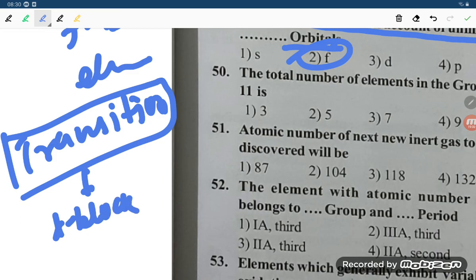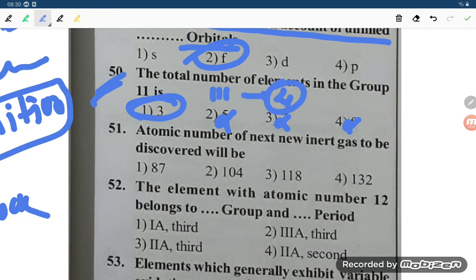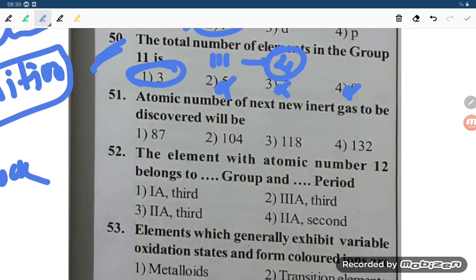So the total number of elements in group 11 is, how many are there, student? 3 were there. Recently one more was discovered so it becomes 4 now, but in the book 3 is given, student. So keep in mind.